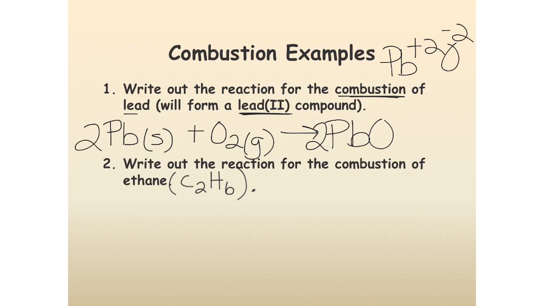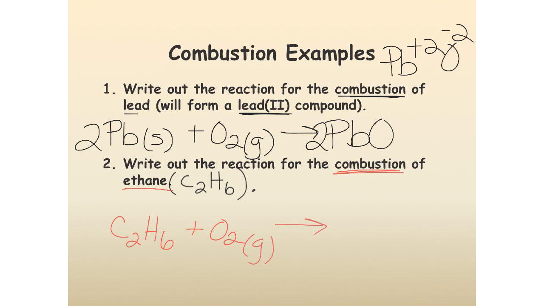Okay, our second example, we are doing the combustion, so again, we're going to be reacting it with oxygen, of ethane. Ethane is C2H6. They would give you that. You wouldn't need to know that. It's undergoing combustion, so it must react with oxygen gas.